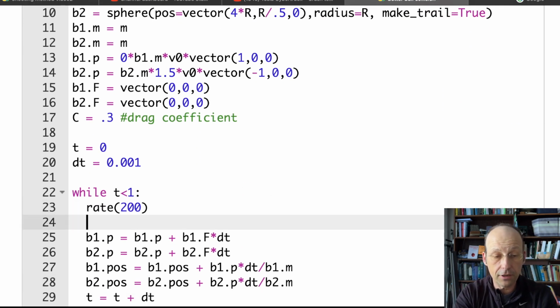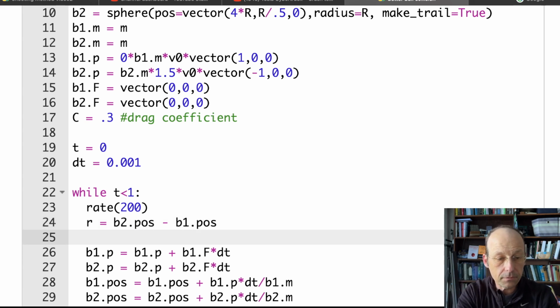So I'm just going to calculate that up here. B1.F equals, oh no, I'm going to calculate R. R is going to be equal to B2.pos minus B1.pos, right? So the vector from 1 to 2. And then B1.F is going to be equal to G times B1.m times B2.m times norm R divided by mag R squared.